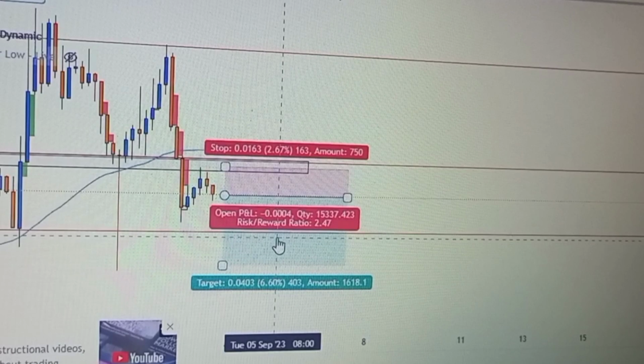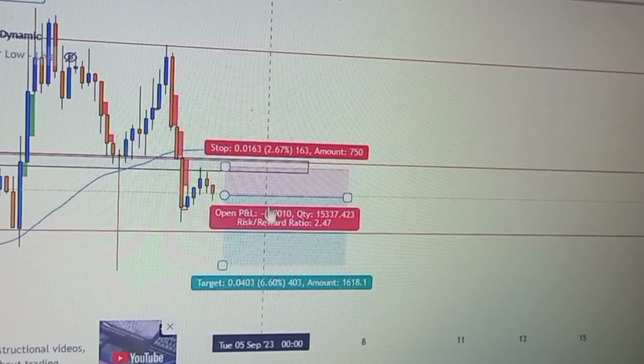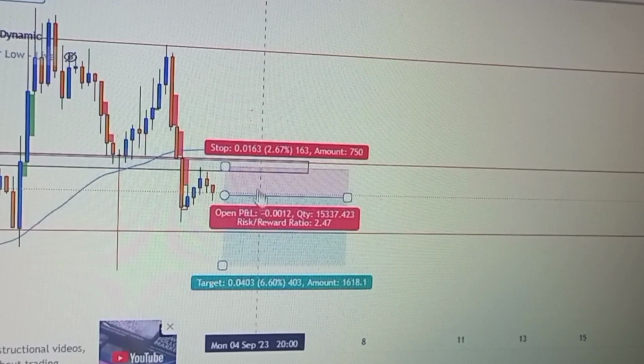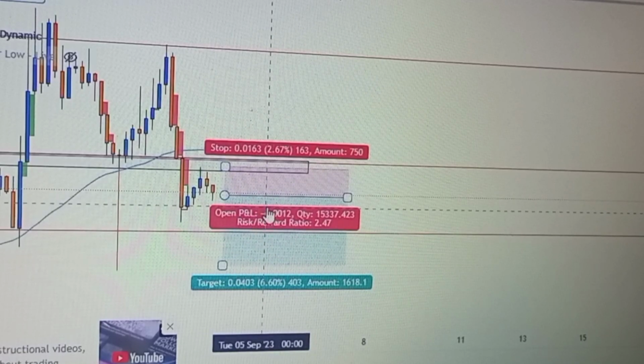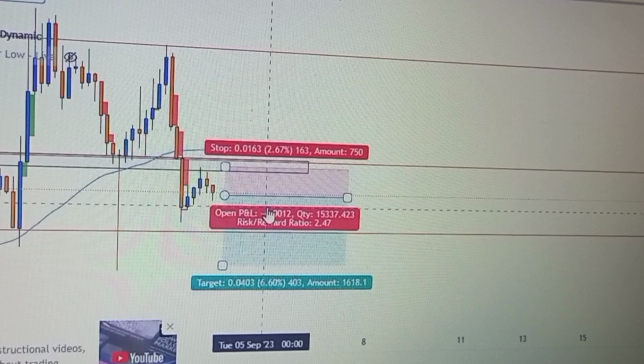I am going to be doing this in the next live trade that I'm going to take, so that you know exactly what I mean by all these things. This tool helps you to get your calculated risk before you enter into the market. So with that being said, let's go to our calculator and see how we can do that.